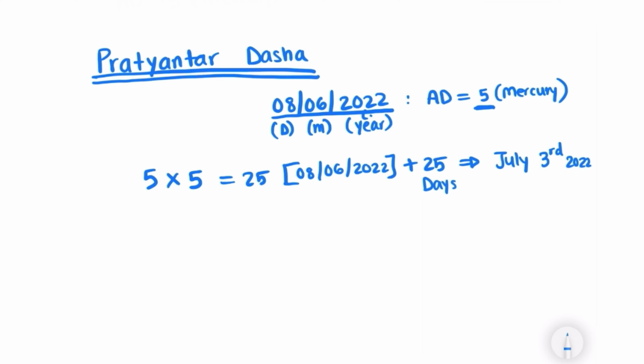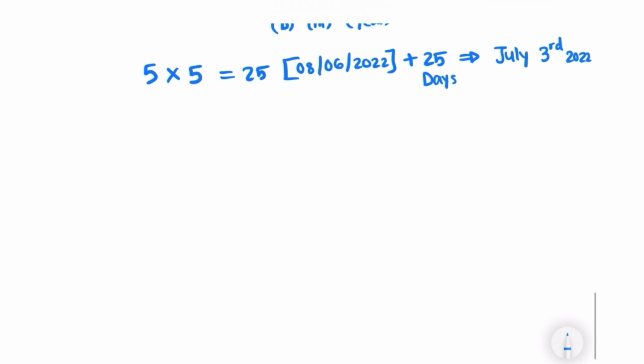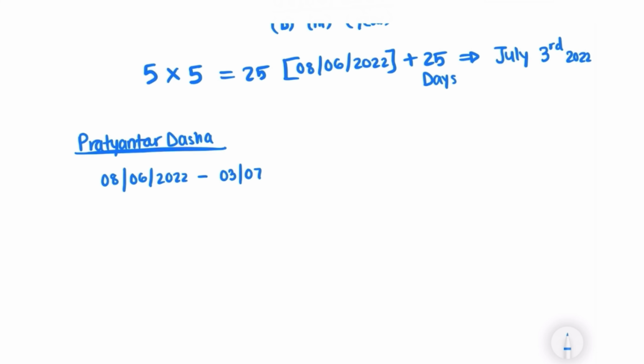So I'm just going to make a list like this. From June 8th to July 3rd, this person's Pratyantardasha is going to be Mercury, because we did 5 times 5.